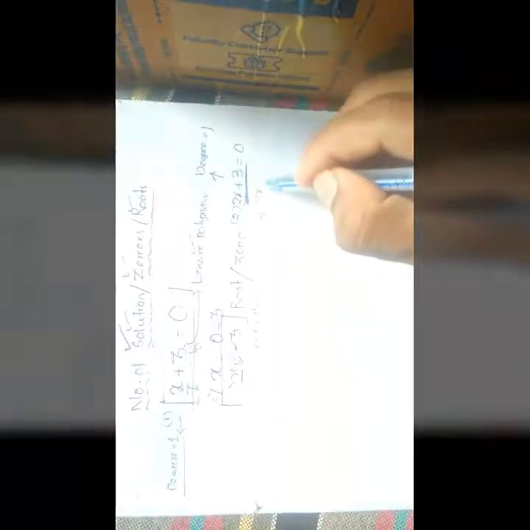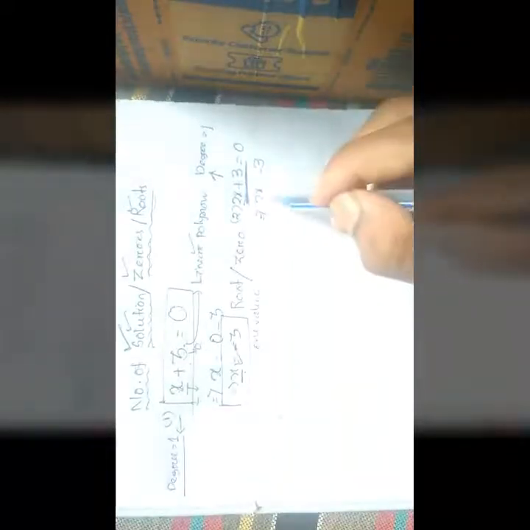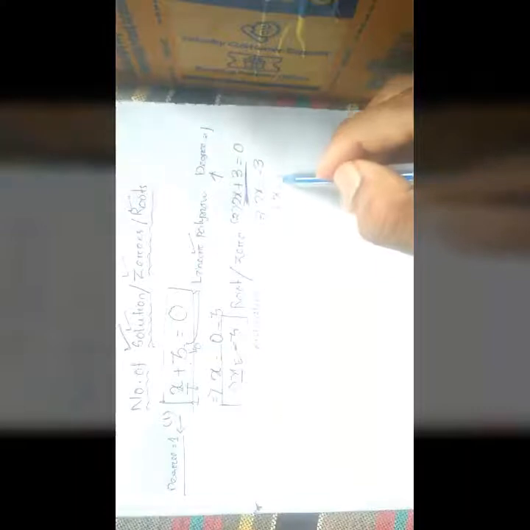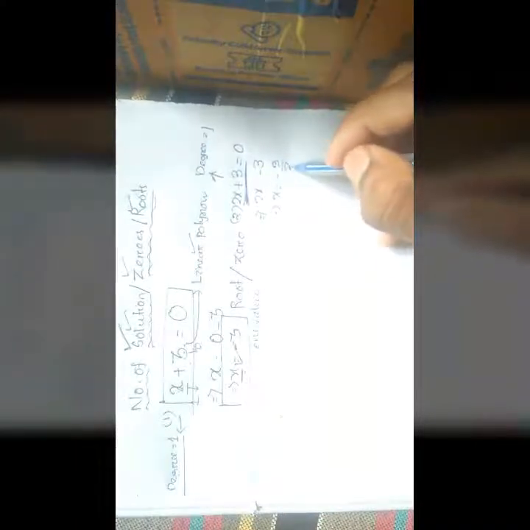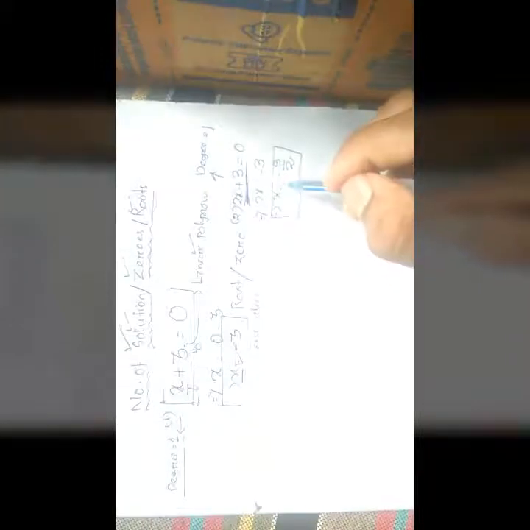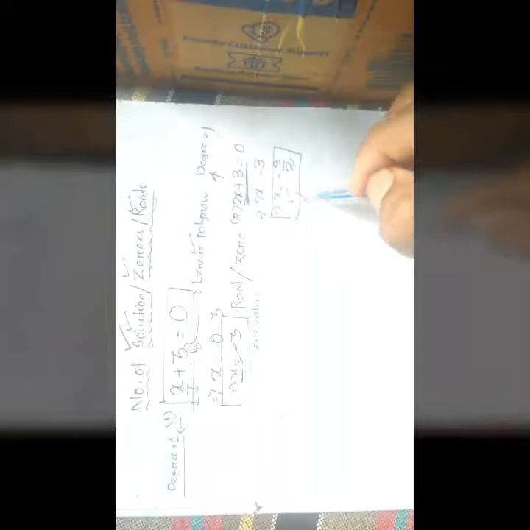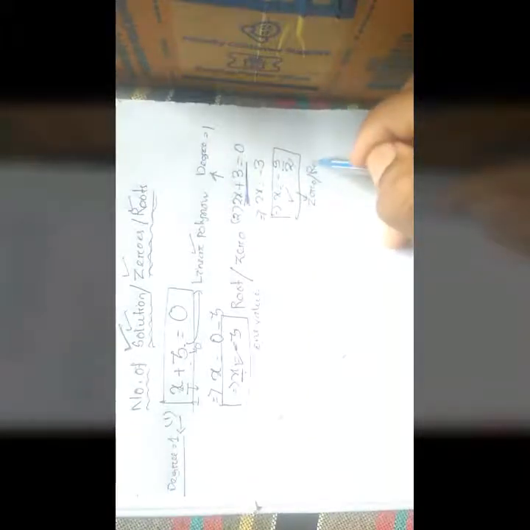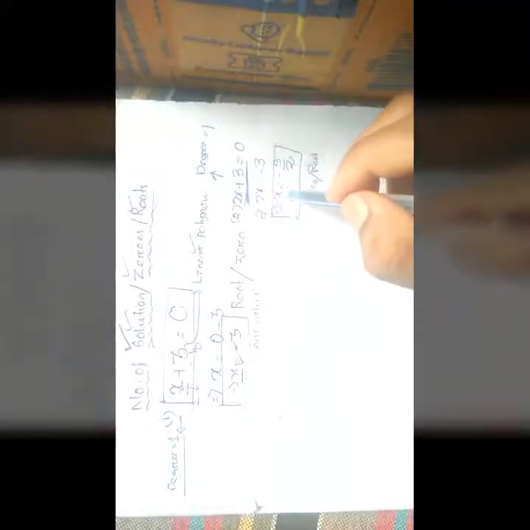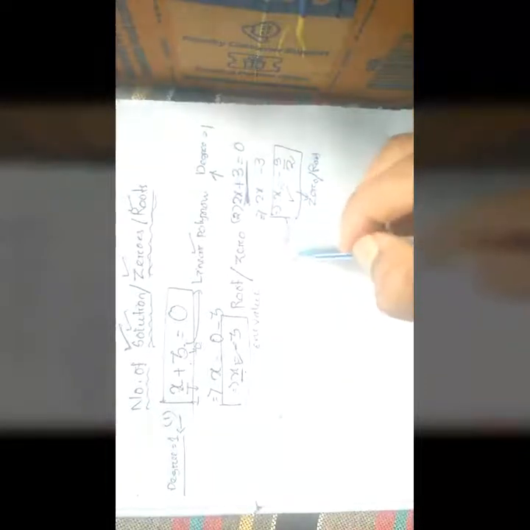Here 2x is equal to minus 3. Now x is equal to how much? Minus 3 by 2. This is the solution of the polynomial, also known as zero or root. And here also it has only one value of x.